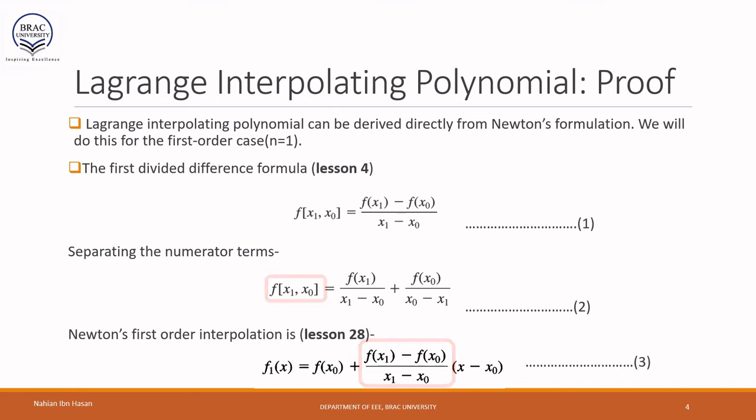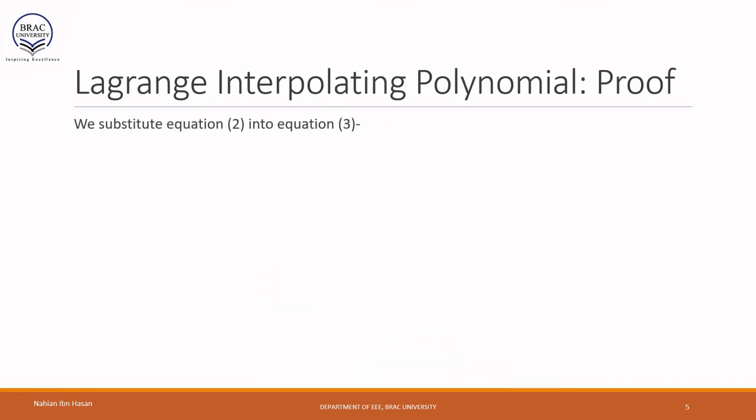Okay, so once we have determined this equation 2 and equation 3, we just substitute equation 2, the first divided difference formula, into equation 3, and we will get an equation something like this. Okay, f1 of x equal to f of x0 plus this plus this. So these are the three terms that we get.